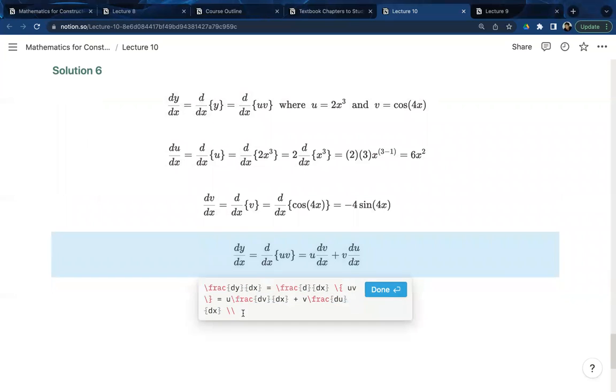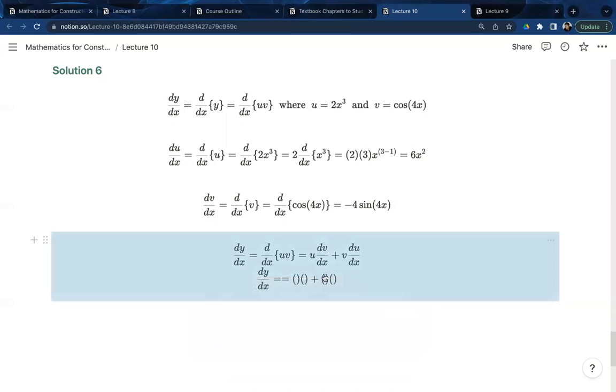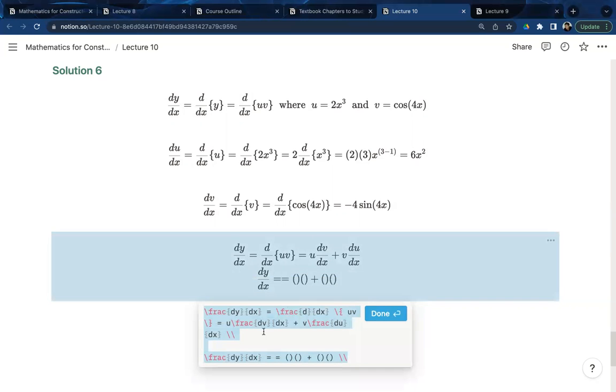Let me type out that formula again: u by dv dx plus v by du dx, right? So there are four things we have to substitute here.